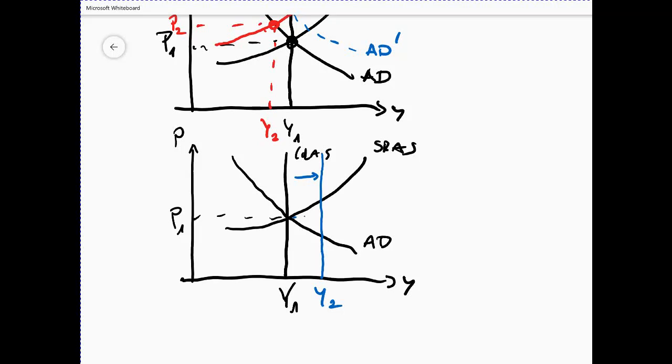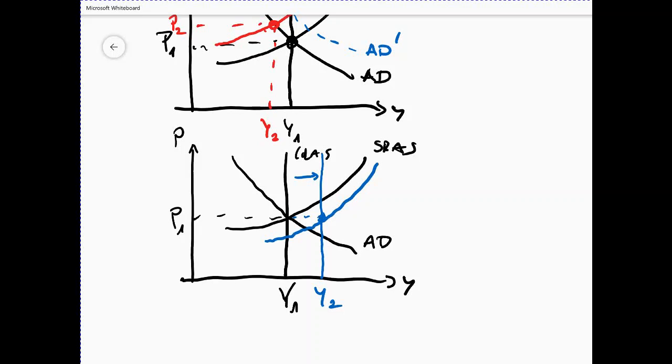And what is important, that we will always say that the SRAS shifts together with the LRAS. This actually might be different in different courses, because you could imagine a situation when only LRAS increases and SRAS does not.